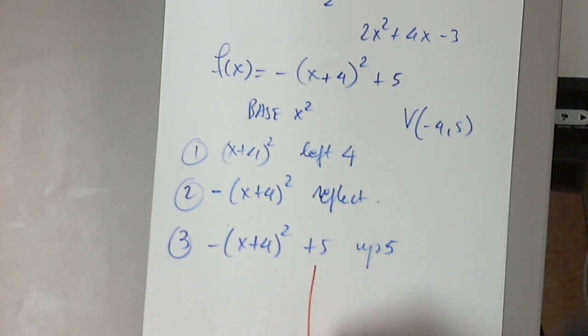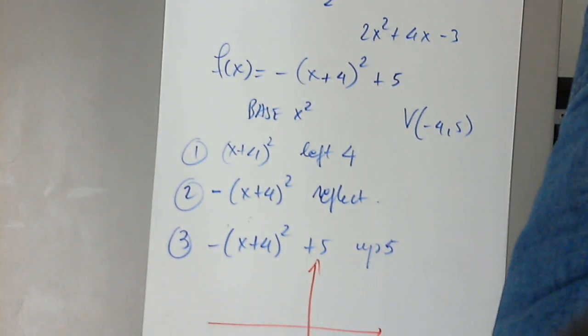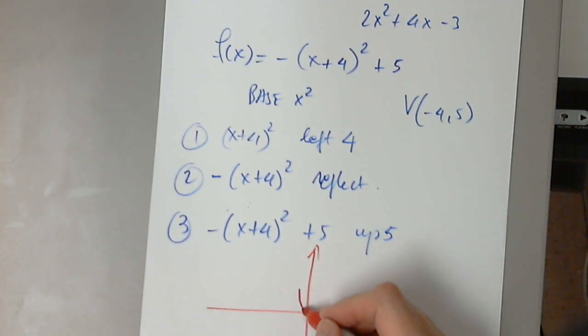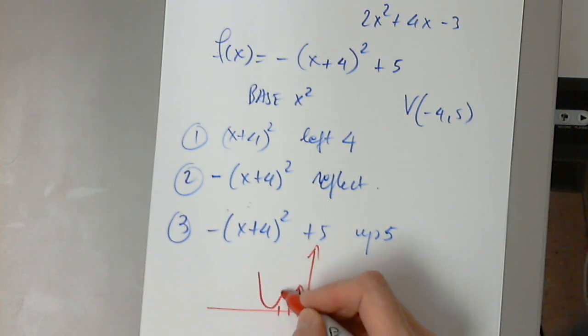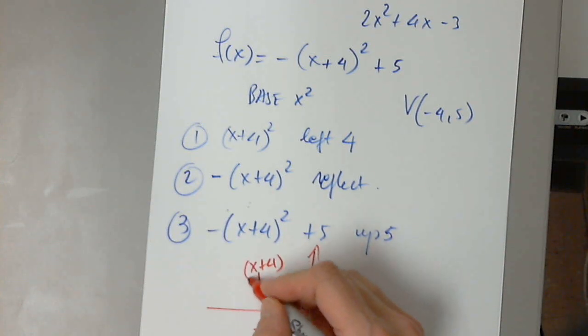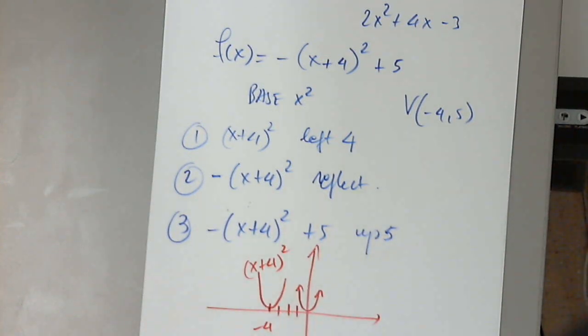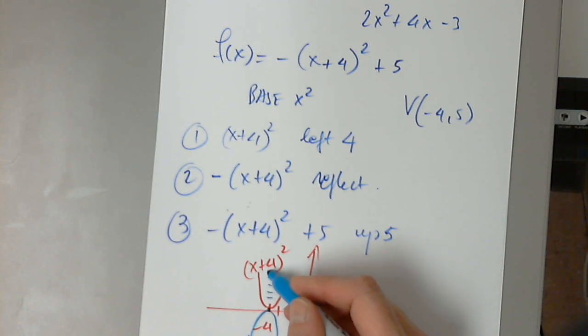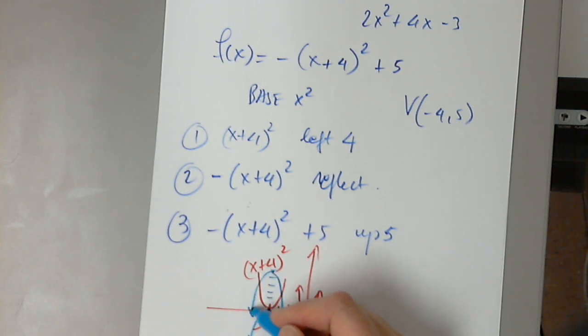So when we graph, this is x squared. This is at -4, so this is x plus 4 squared. Then you said to reflect. And then up 5. 1, 2, 3, 4, 5. So this is final.